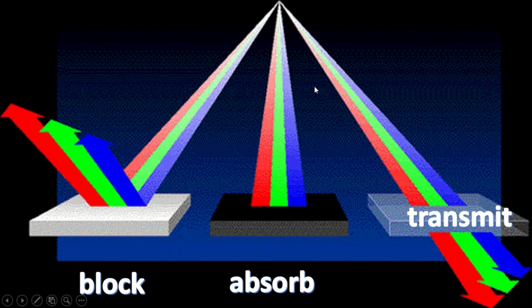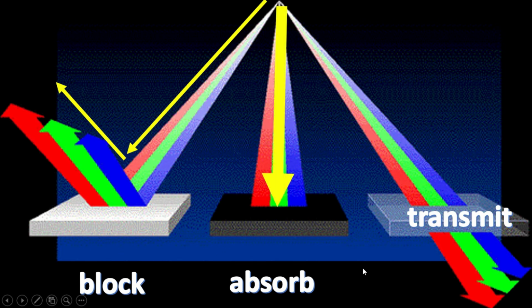Okay, so look at this diagram. When the light passes through this white object, it will be reflected back. This means it is blocking the light. Now, when the light passes through this black object, it will just stop at the surface of that object. This means it is absorbing the light.